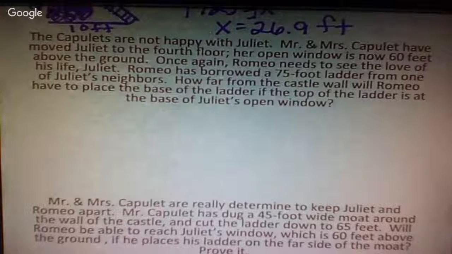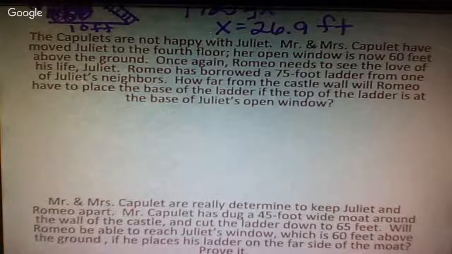Wait a minute. Good. That looks great. Keep going. It looks great. See, don't question yourself too much.